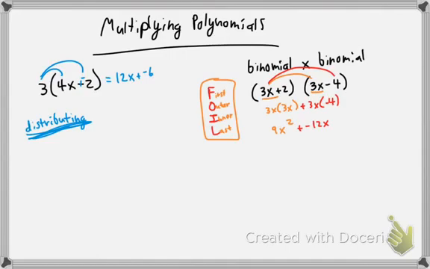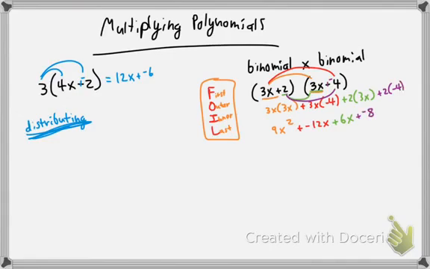Now we need to focus on the inner, the I, the 2 times the 3x, which is a positive 6x. And finally, a 2 times a negative 4, which is a negative 8.